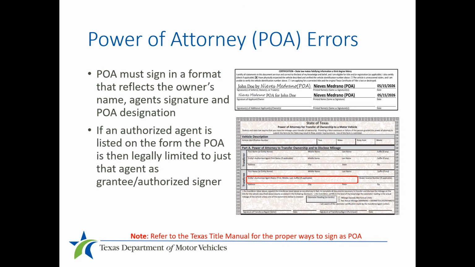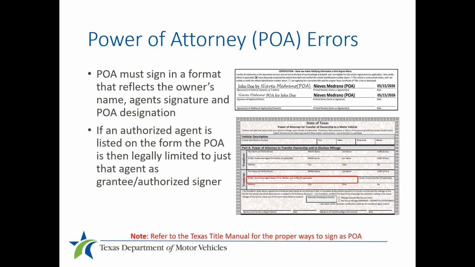For example, if the POA lists Jane Dealer as the authorized agent, but another employee signs, the transaction would be considered incorrect. Understanding how POAs work can prevent many unnecessary returns. Additionally, we highly recommend that you are utilizing one POA for each applicant. By doing it this way, you remove the chance of being rejected for both applicants being on one form.